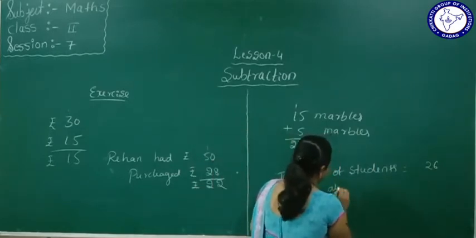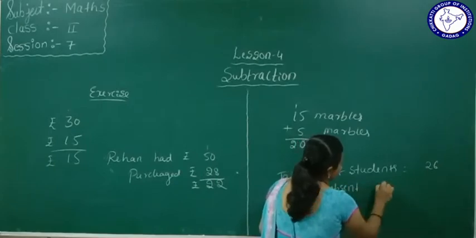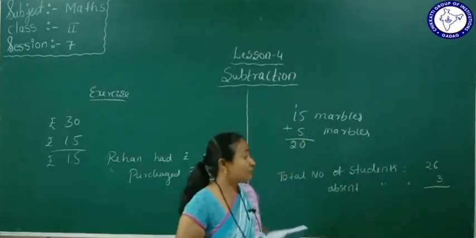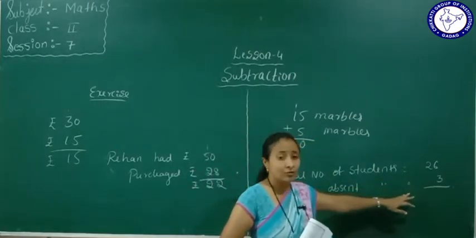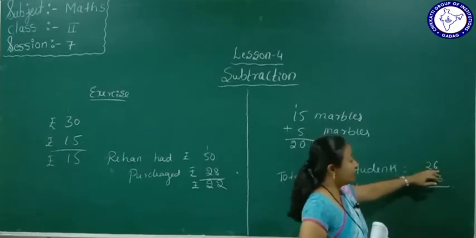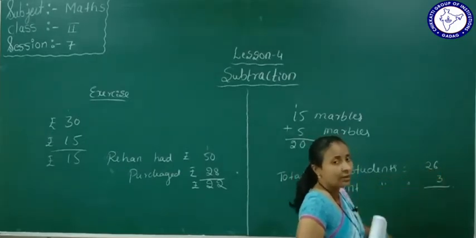Absent students are 3 members. So we subtract from the total number of students.